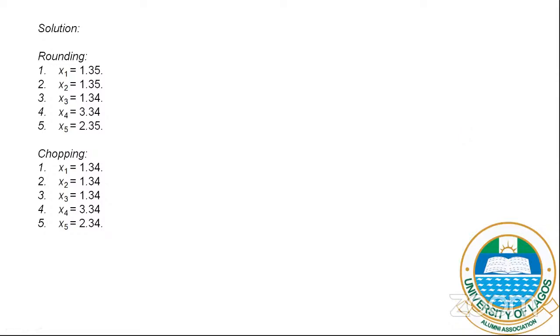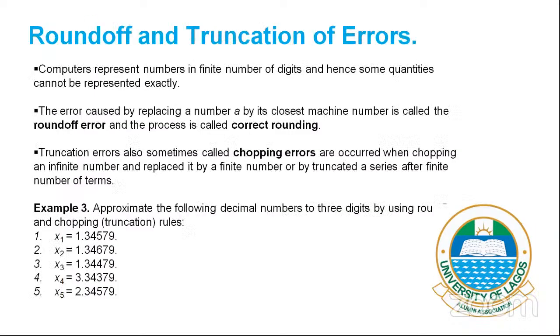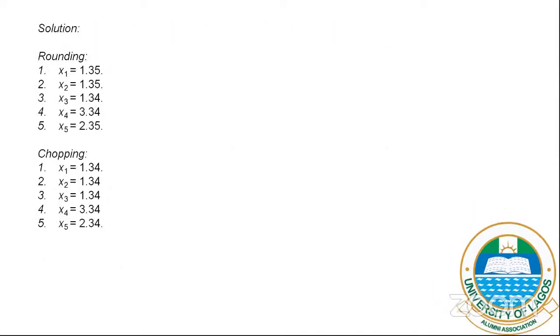So when you are rounding off, you can see the first one, we have X1 equals 1.35, because we know that the last number there is 5. So we rounded it up to add to the 4, which makes it 1.35. The chopping is quite different, because in chopping you are not rounding anything. You just stop at exactly the 3rd place. So these are the results.